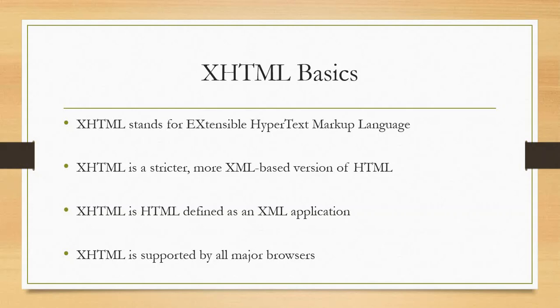As a result of this basing in XML, XHTML is HTML defined as an XML application. XHTML is supported by all major browsers, which is always a positive when trying to develop a website.